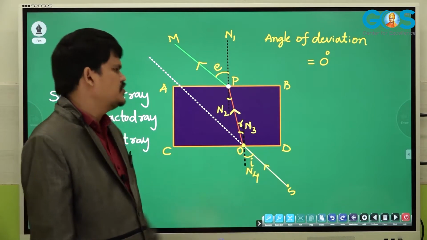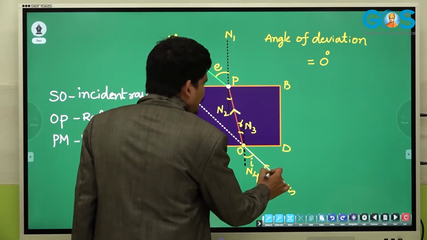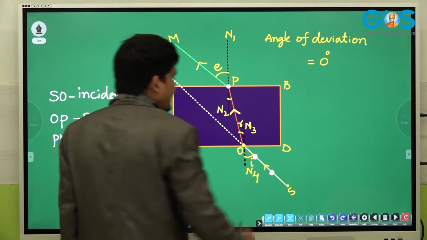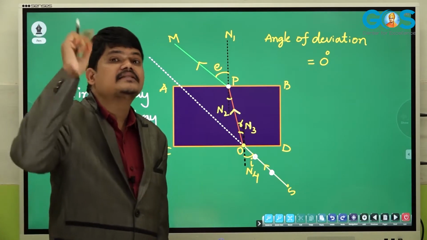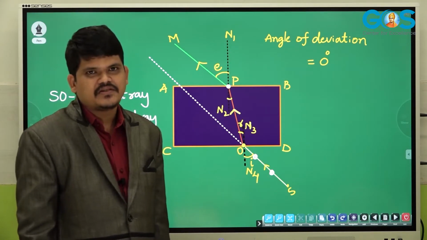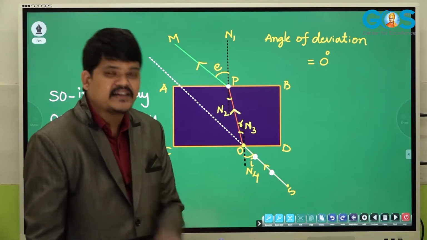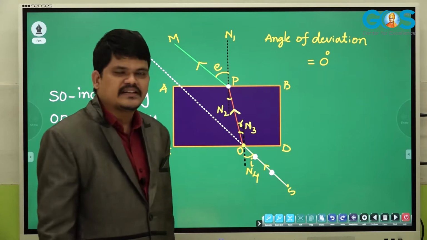In order to show that, we need to take two pins and place them in the path of the incident ray, wherever we want, but on the incident ray. The incident ray is passing through the two pins, and the glass slab is present.